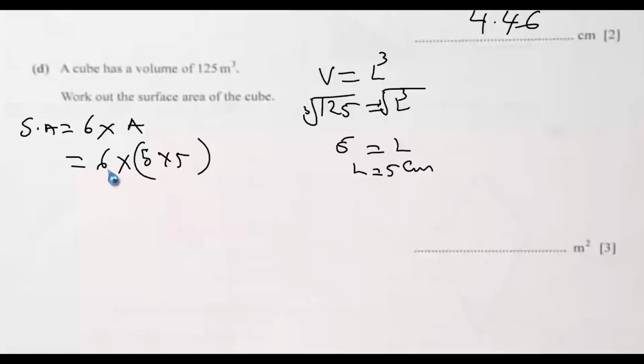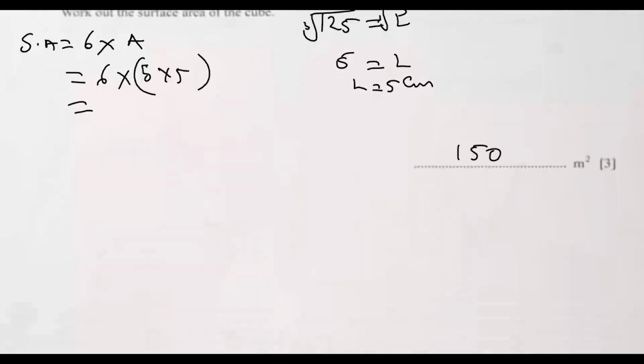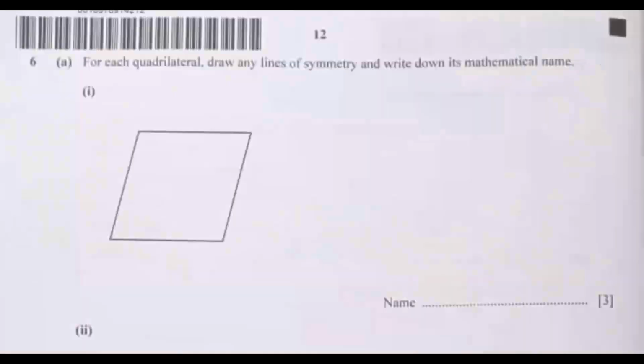So multiply by 6, that will give us the area of the cube. So if you take your calculator again and multiply this out, you should get 150 meters squared. So that will be the surface area of the cube. So let's scroll down, okay, if there's another question. No, so let's go to the next page.